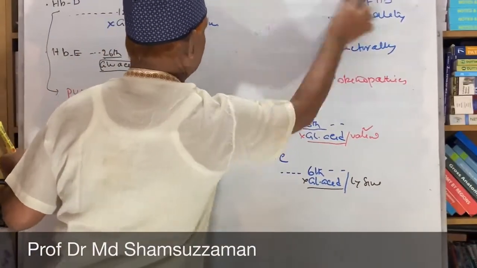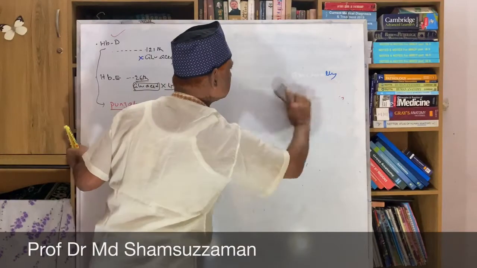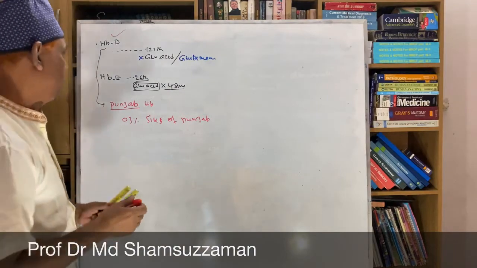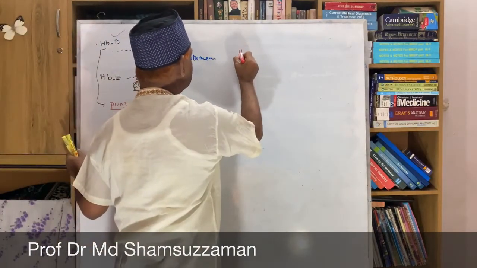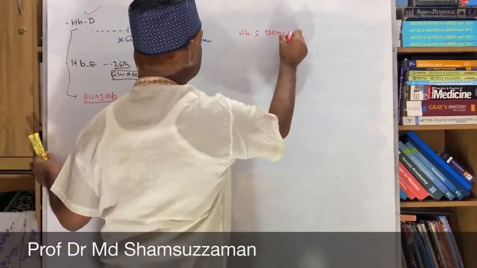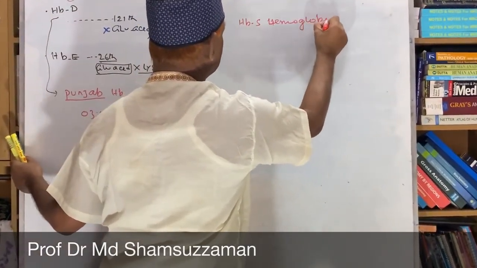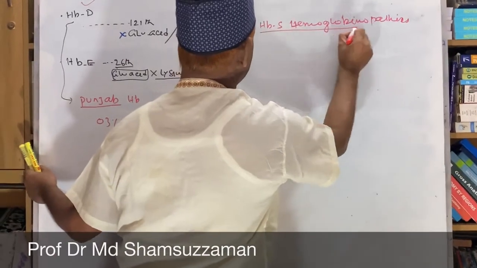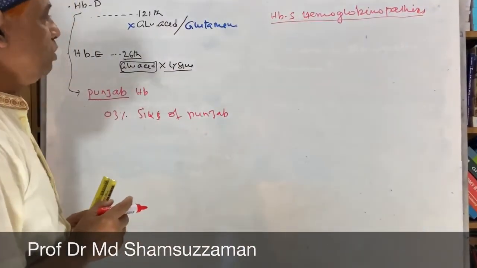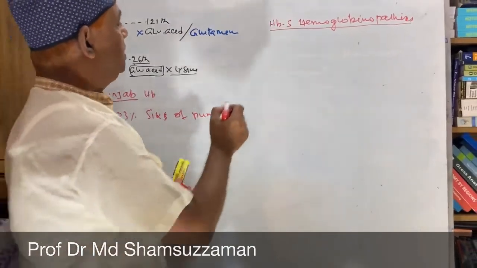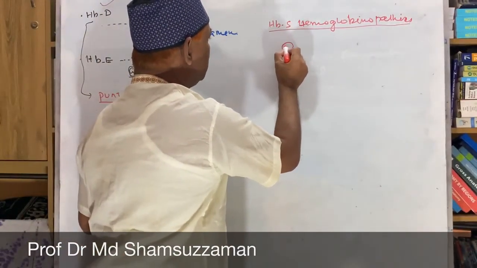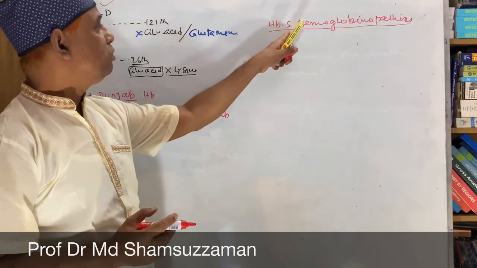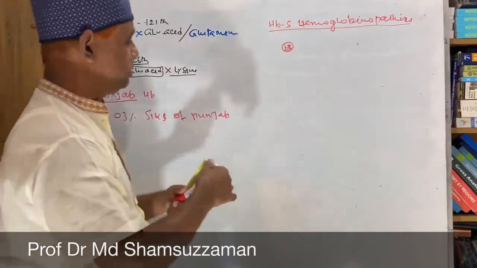Dear audience, now come to hemoglobin S hemoglobinopathies in detail. If an RBC contains hemoglobin S, the hemoglobin S hemoglobinopathy may be of two types.